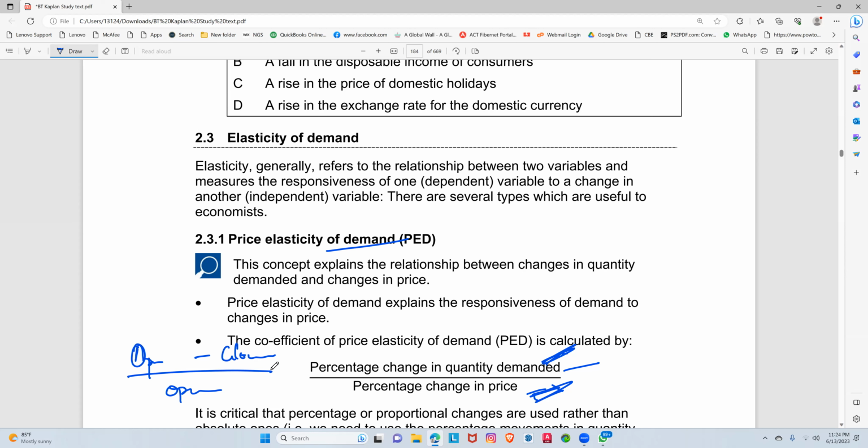Then we will get some percentage as the answer. That will become my percentage change in quantity demanded. Same goes with percentage change in price. The earlier price, the present price, divided by the earlier price. We get a percentage which has changed. So we are finding out the difference between how it was and how it is now.